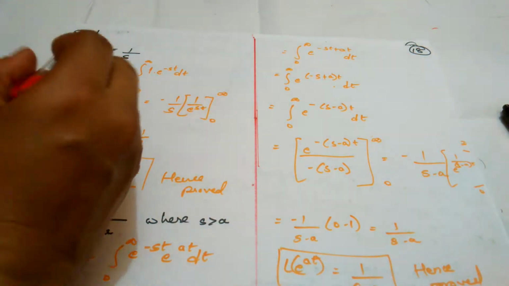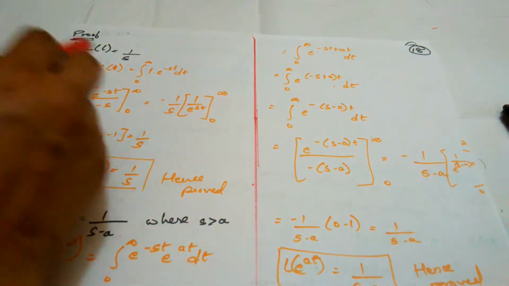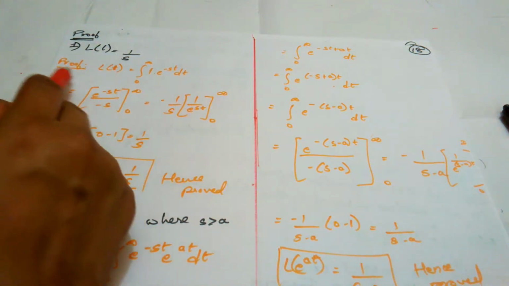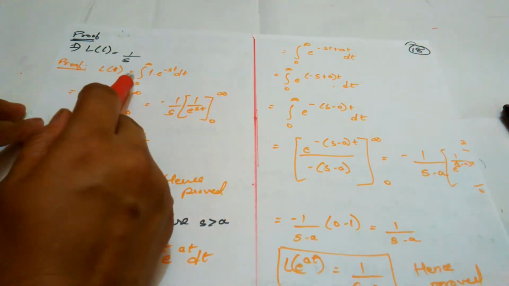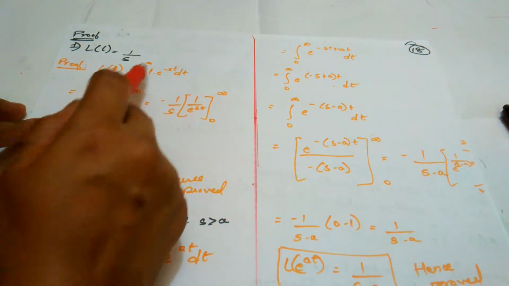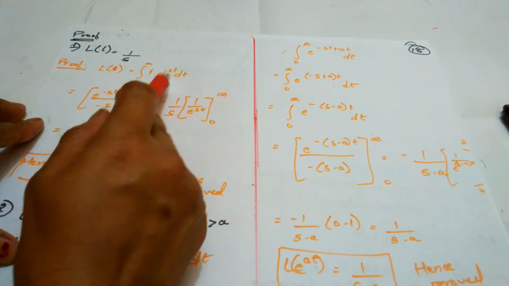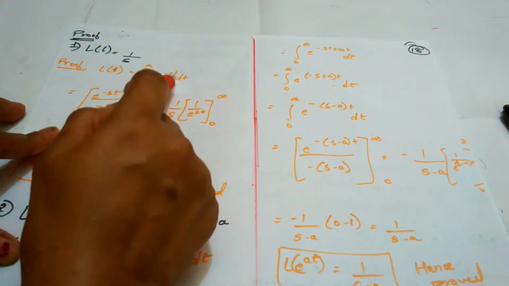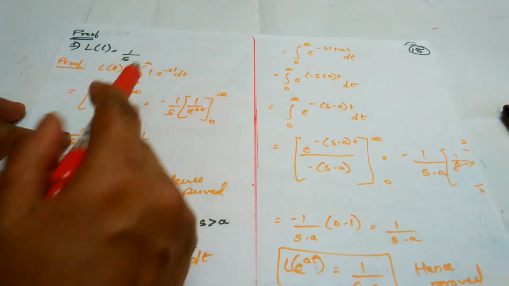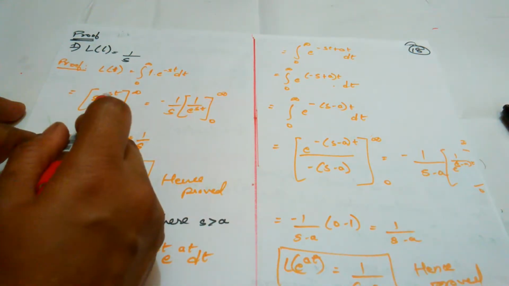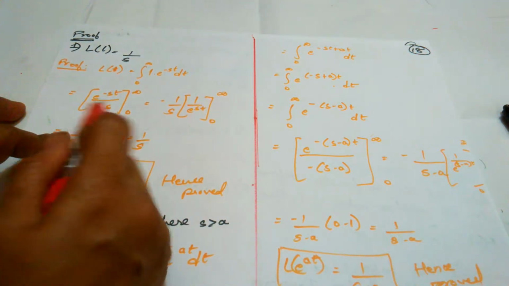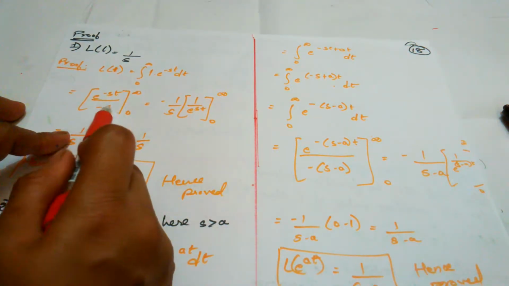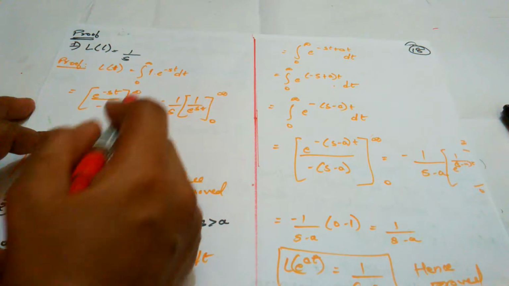As I said first, L of 1 is equal to 1 upon s. So proof: L of 1 is equal to the integral from 0 to infinity of 1 times e raised to minus st dt. Integrating this, we get e raised to minus st divided by minus s, from 0 to infinity.